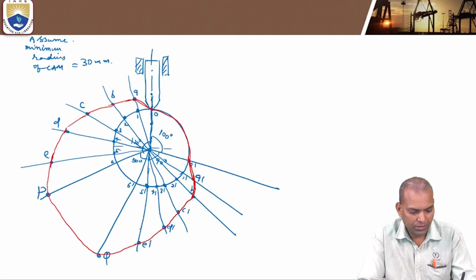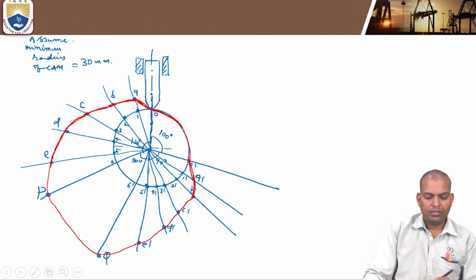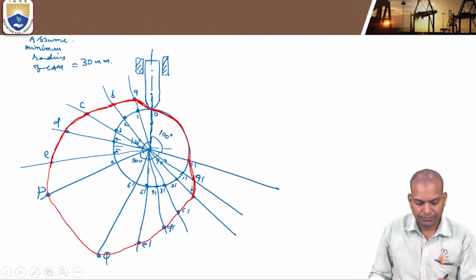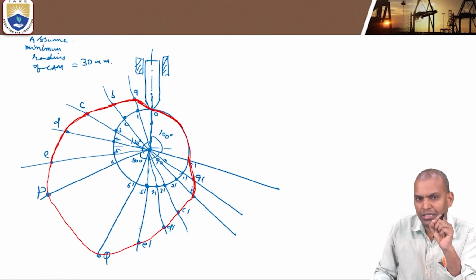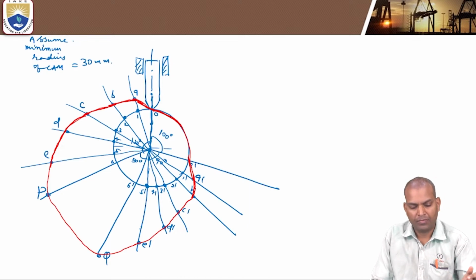So this curve is the shape of the cam profile. The blue circle is the base circle. The contact point of the follower and the base circle is the tracing point. So these are the points.